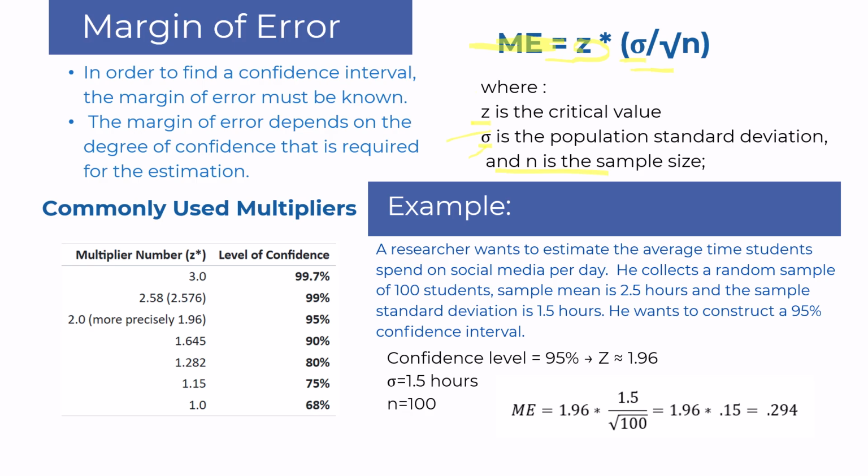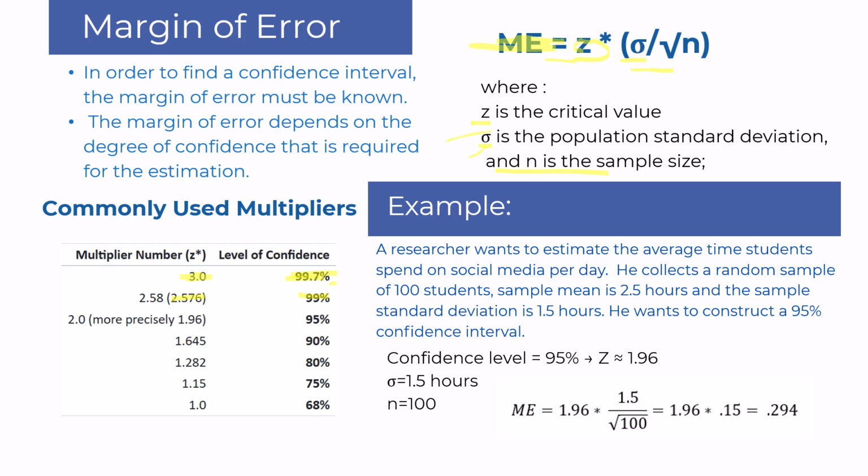So you actually have here some commonly used multipliers for the critical value. If we have 99.7 confidence level, you have a 3.0 for the critical value. For 99%, you have 2.58 or 2.56 critical value, and so on and so forth.